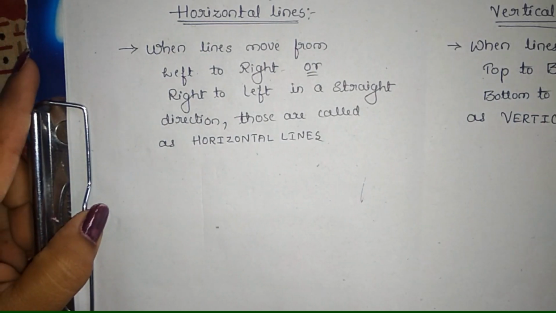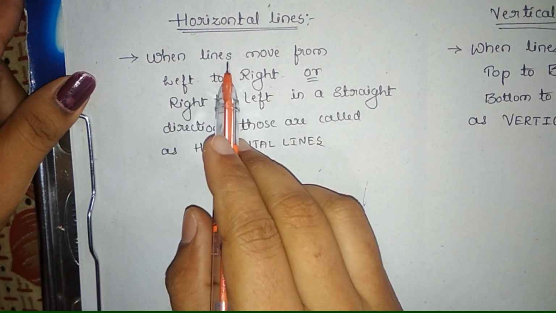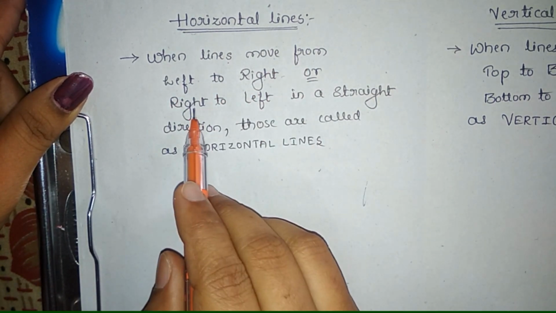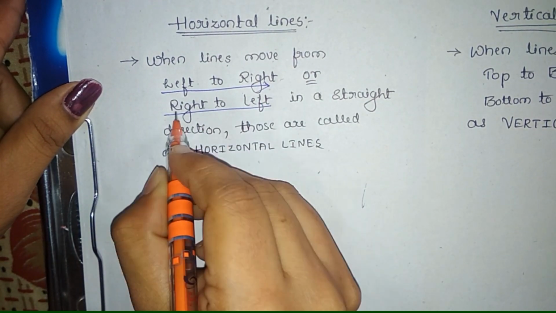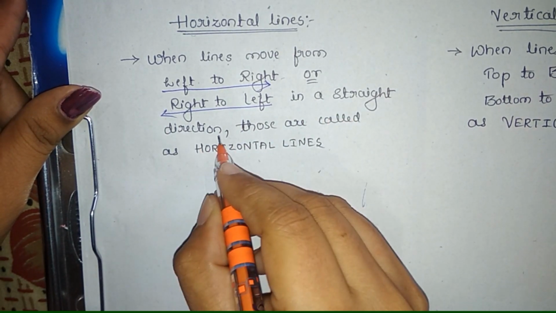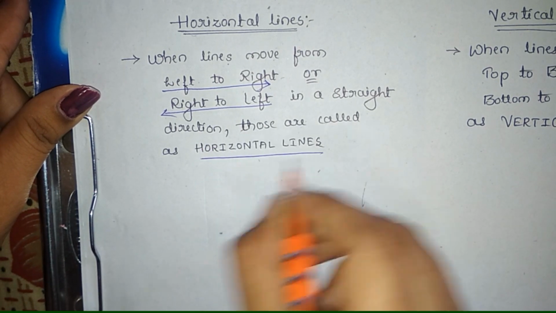Now horizontal line, what is exactly the meaning of a horizontal line? When the line moves from left to right or right to left in a straight direction, those are called horizontal lines.